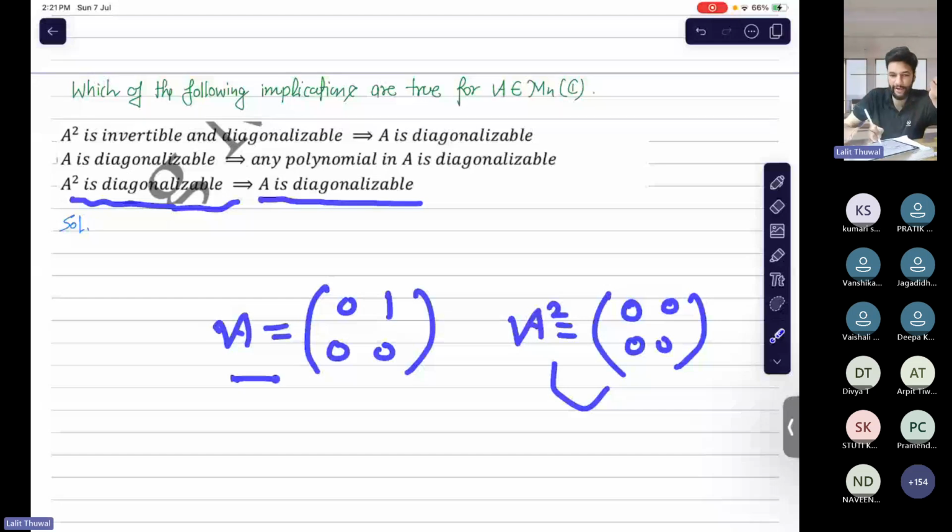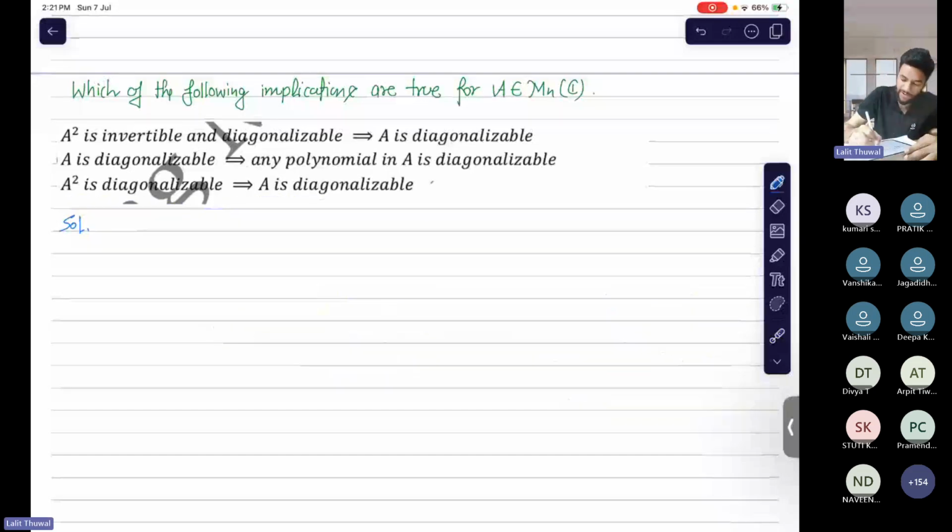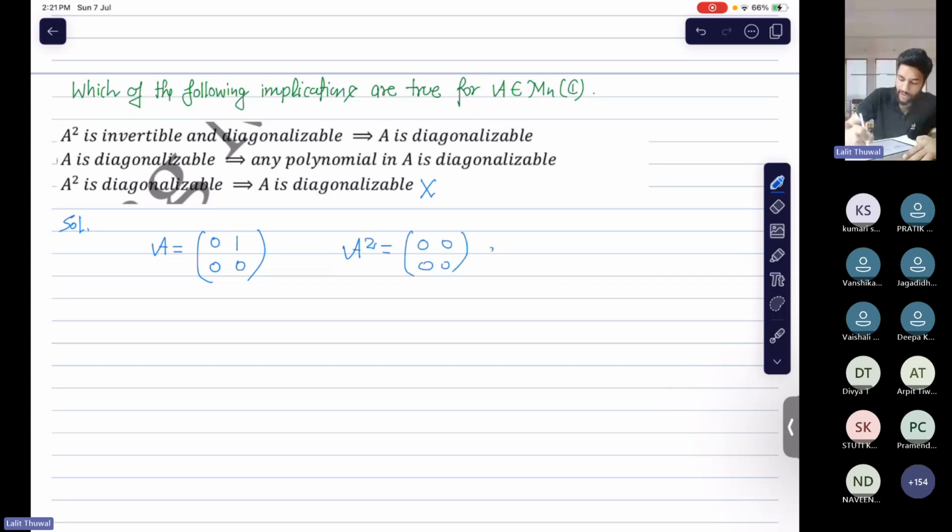But A is not diagonalizable. So the third implication is not correct. The counterexample is A equal to [0, 1; 0, 0], and A square comes out to be the zero matrix, diagonalizable, but A is not diagonalizable.